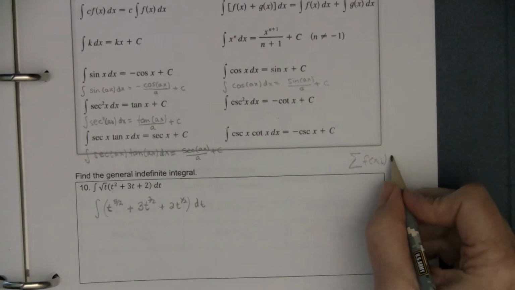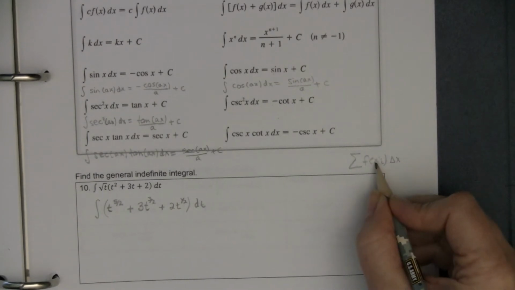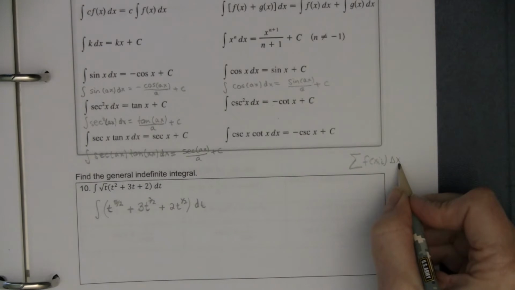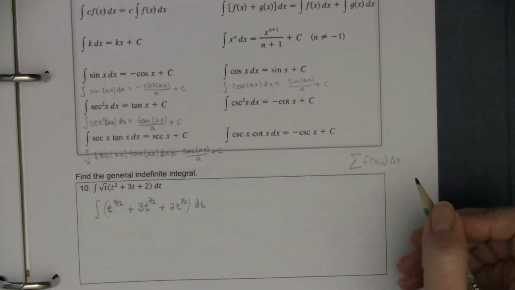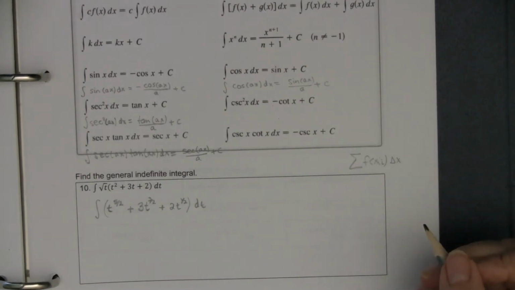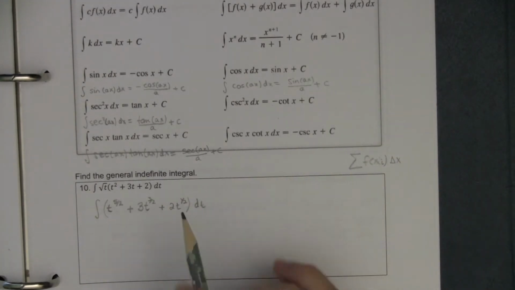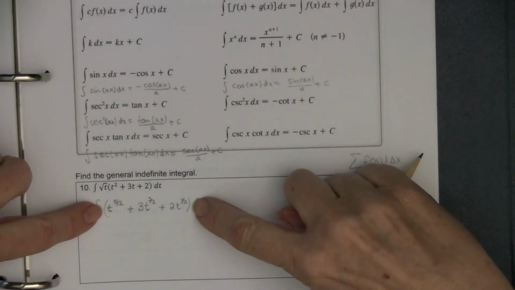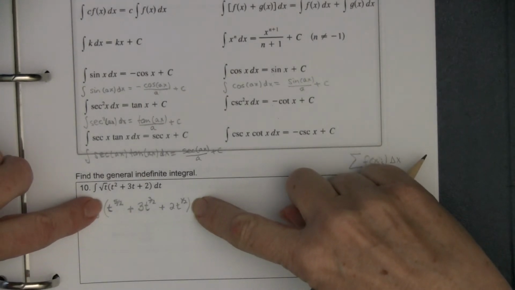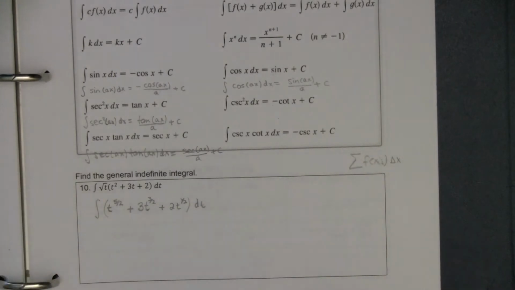They were trying to make the notation kind of similar, and this is the height of the rectangle times the width, so I think that's where this dt came from. Later in math, that dt is going to tell you which variable you're working with, because you'll have more than one variable running around. So it's going to be really helpful. To me, this says find the integral with respect to t. Find the antiderivative. That's a whole piece to me.